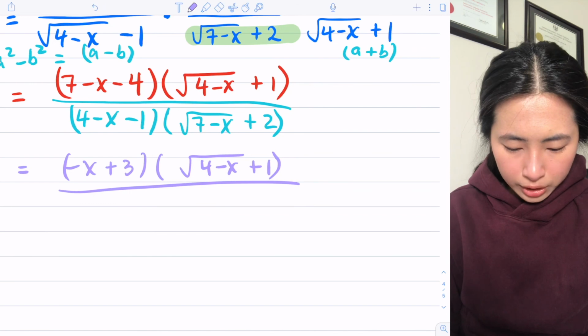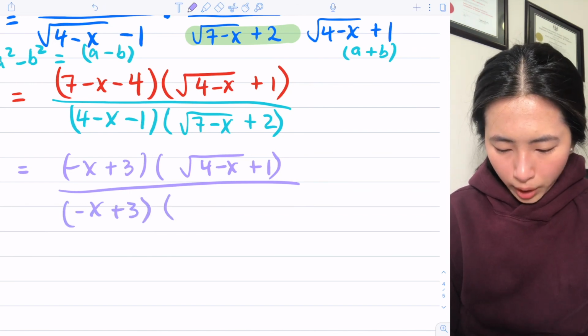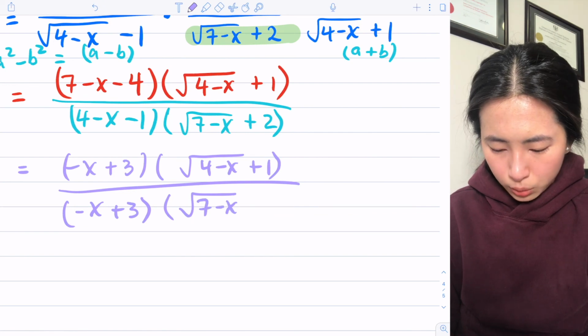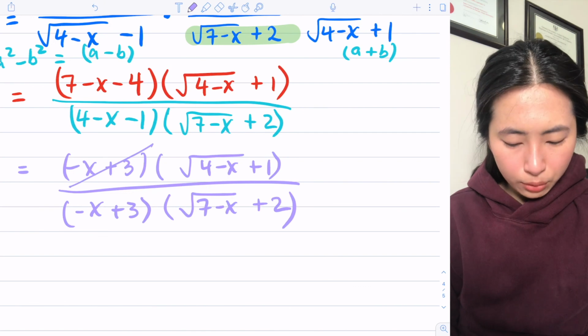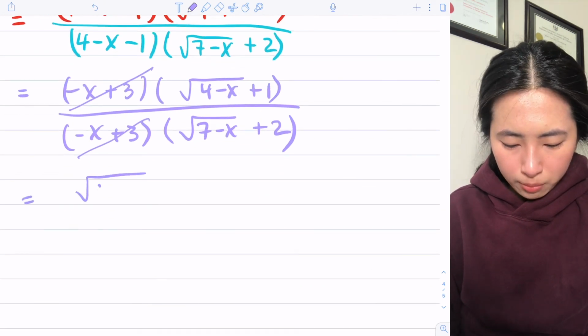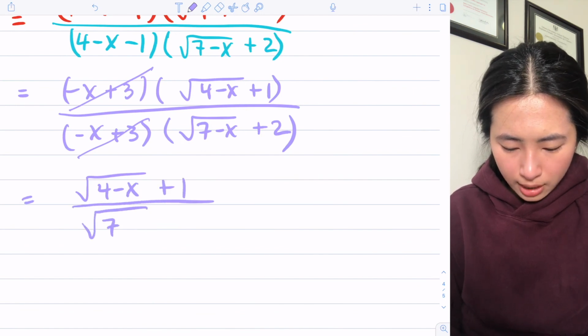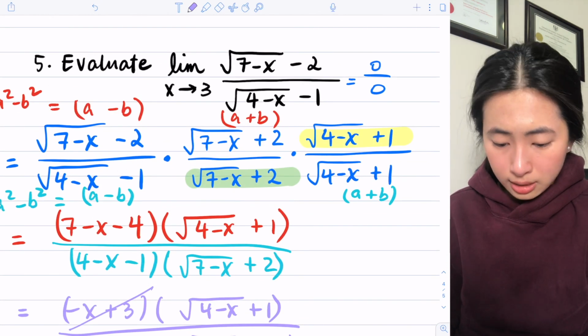This is all over negative x plus 3, multiplied to square root of 7 minus x plus 2. And in fact, we're able to eliminate negative x plus 3 in both our numerator and our denominator, so we're left with square root of 4 minus x plus 1 over square root of 7 minus x plus 2. And then we find the limit when x approaches 3.